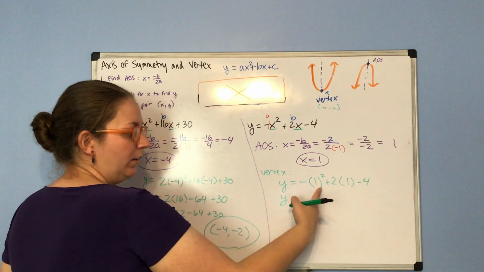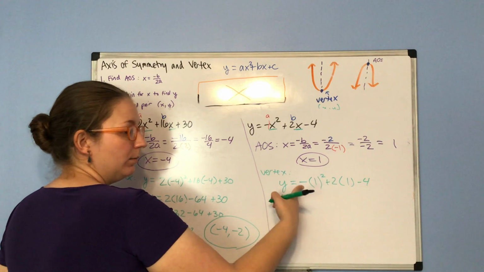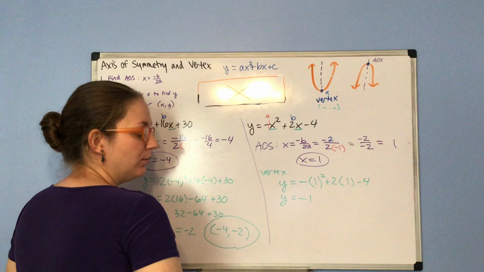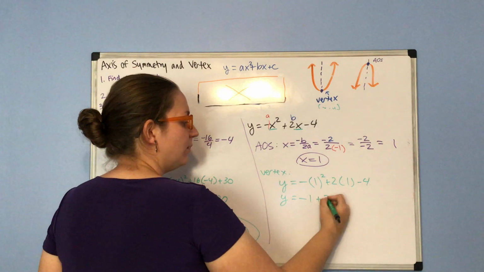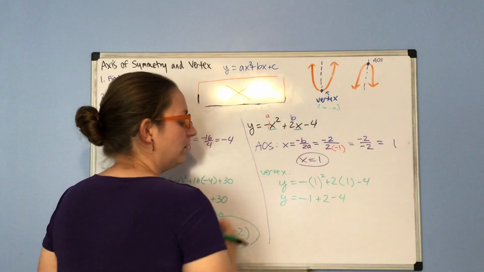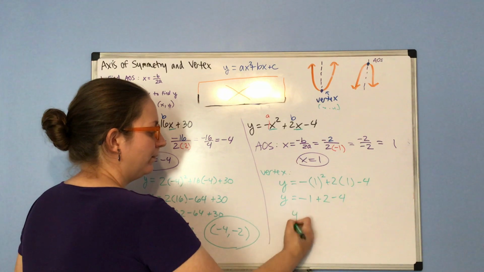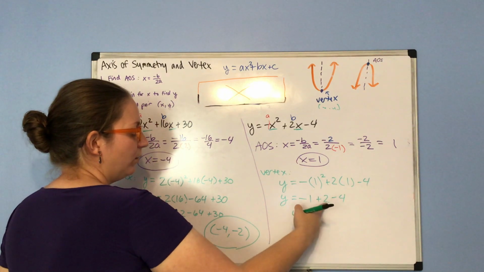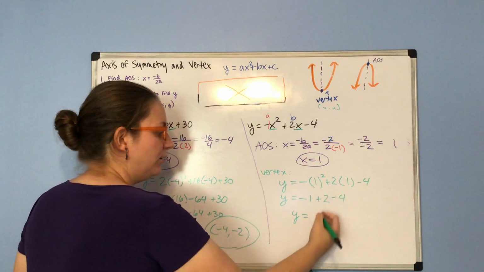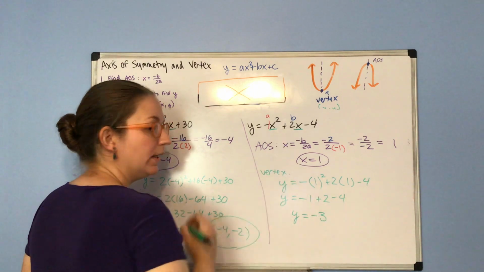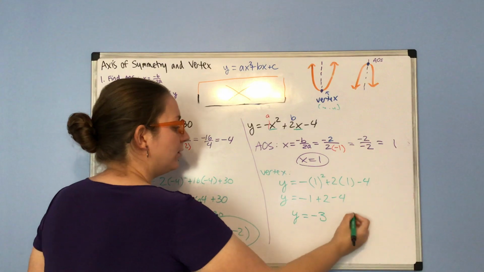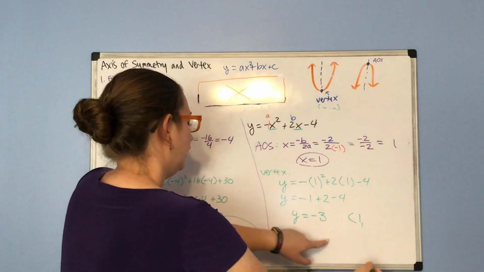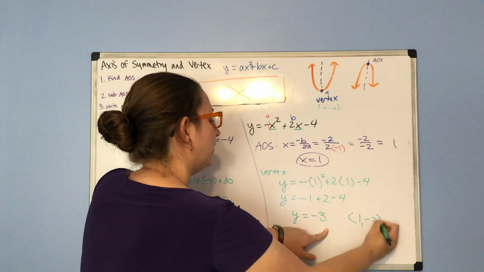Carefully squaring here, 1 times 1 is 1, but we're going to make it negative because there's a negative sign in front, so we end up with negative 1. 2 times 1 is 2, minus 4. When I add these together, negative 1 plus 2 is positive 2, minus 4 is negative 3. So last finishing touch, ordered pair, x is 1, y is negative 3.